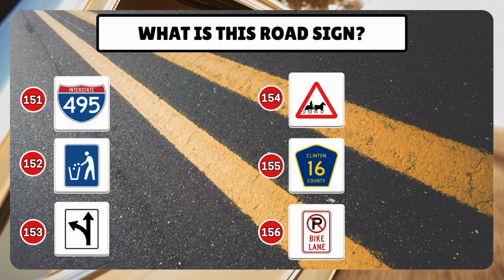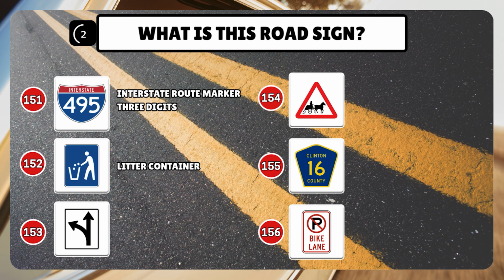Which traffic sign do you see? That is an interstate route marker 3-digit sign. Excellent. That is a litter container sign. That is a straight through and left turn sign.